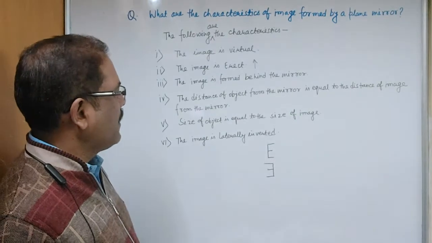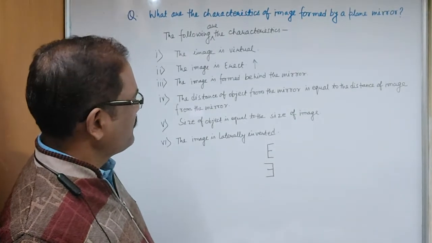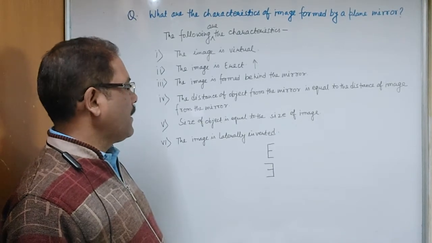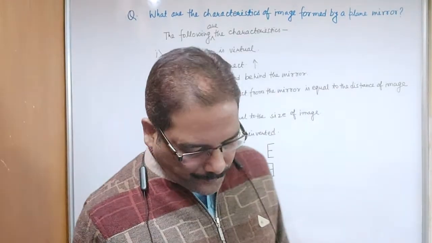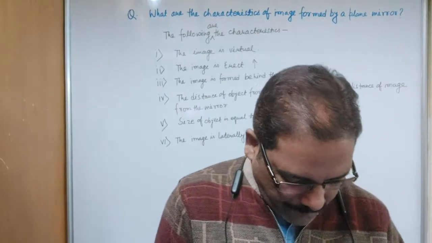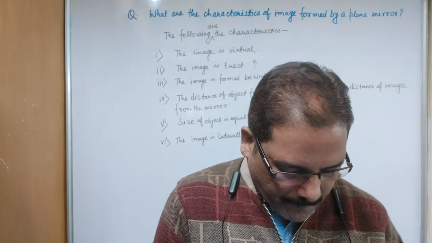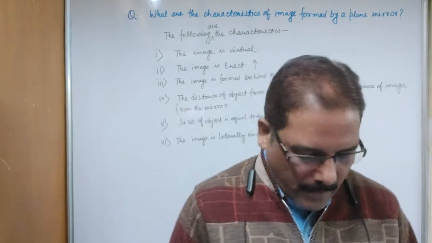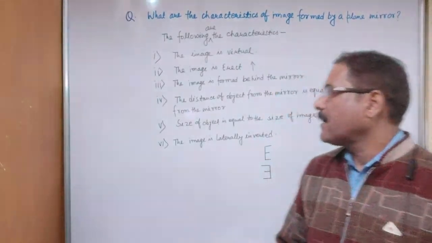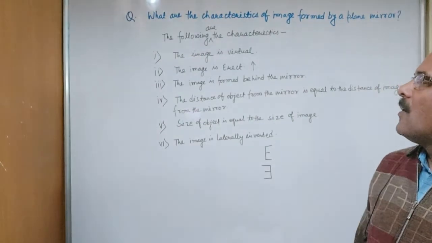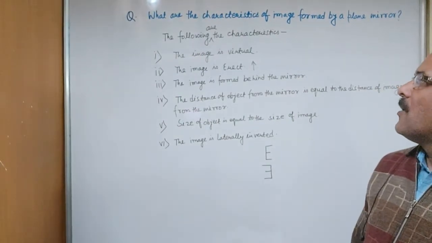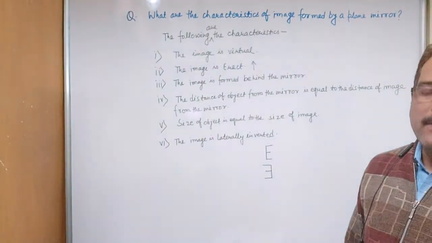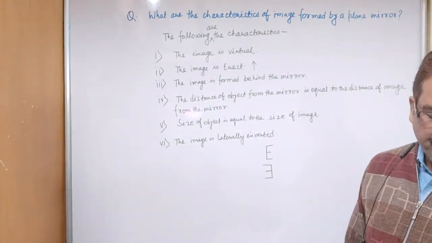So this is lateral inversion. You can also get a short question, what do you mean by lateral inversion? So these are the important characteristics of image formed by a plane mirror. You must write these characteristics in your classwork copy.